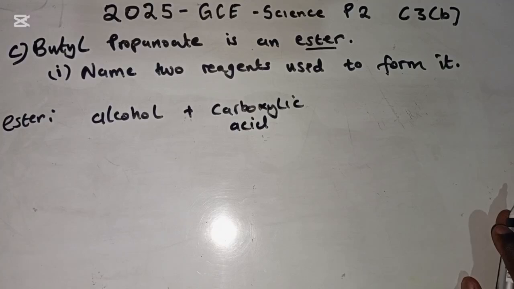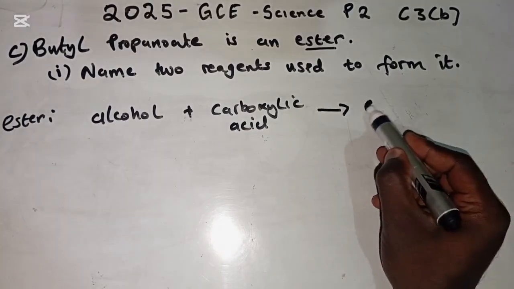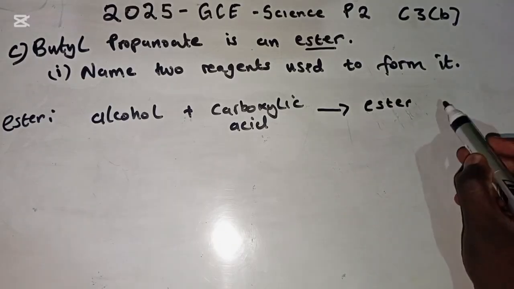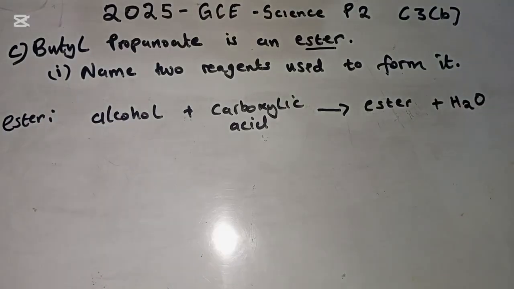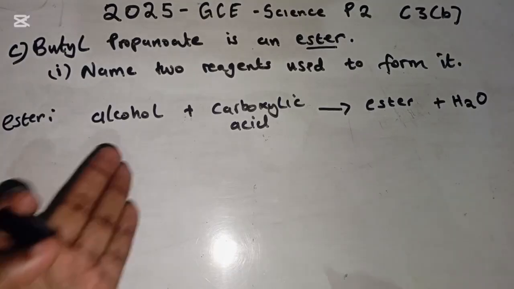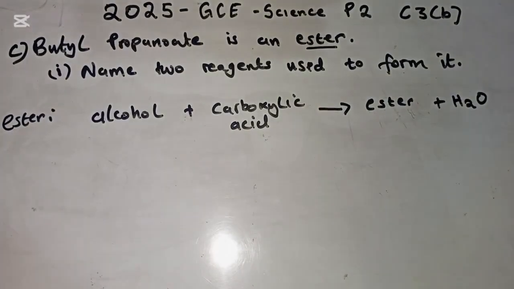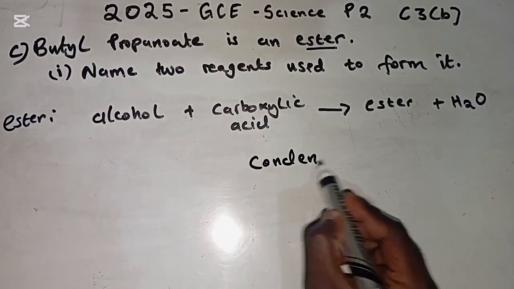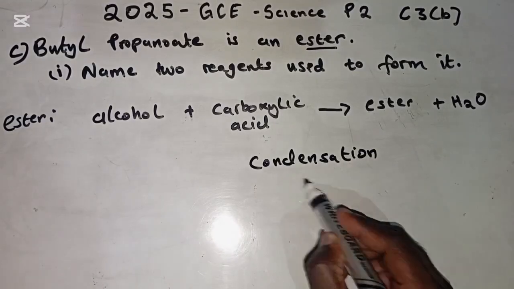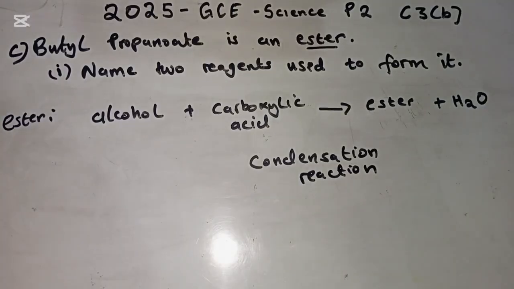After that, you get an ester, but there's another substance that is given out, which is H2O. So when you react an alcohol and a carboxylic acid, you get an ester and water. This type of reaction we call a condensation reaction, because there's a loss of a water molecule.